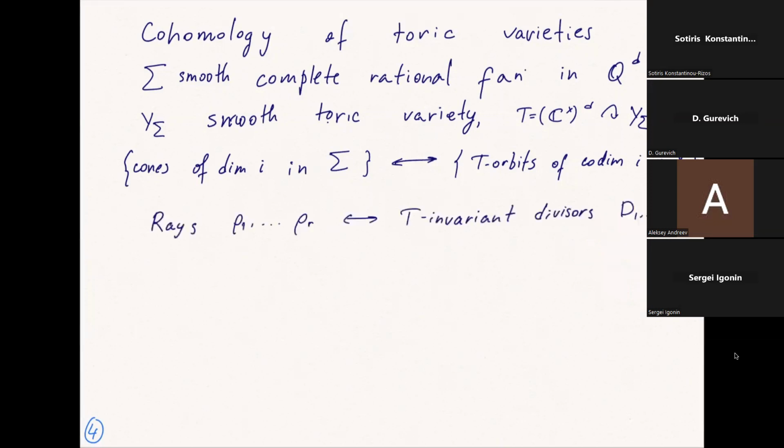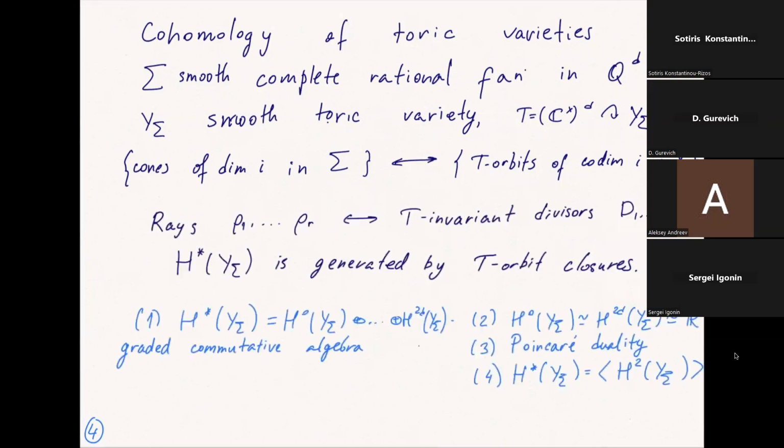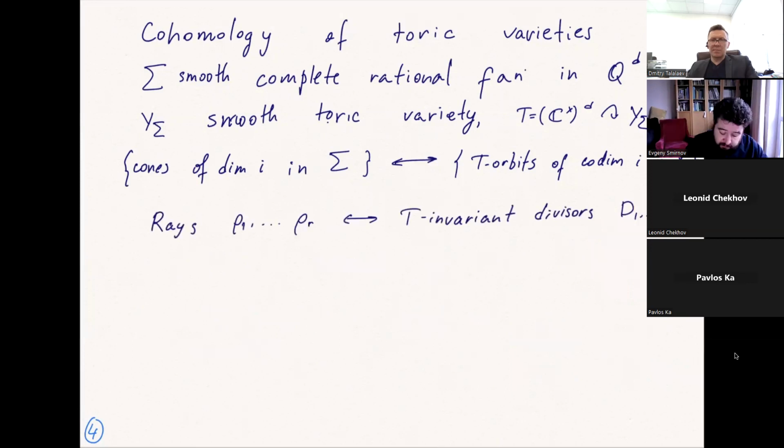So, and well, maybe I'm too sketchy here. Maybe let me give you one or two examples.